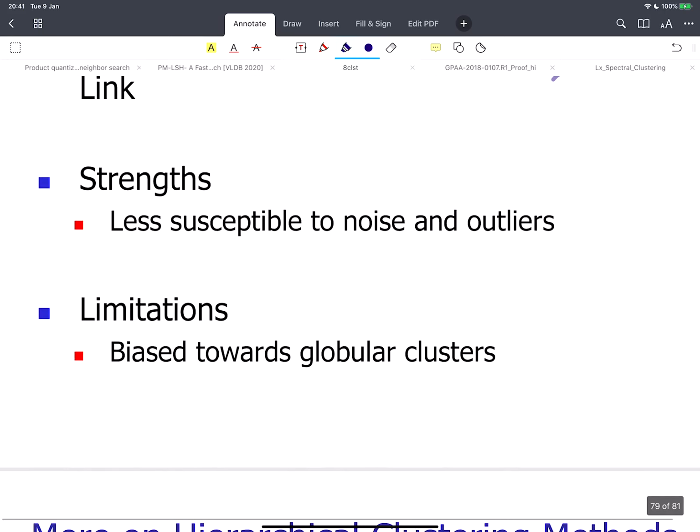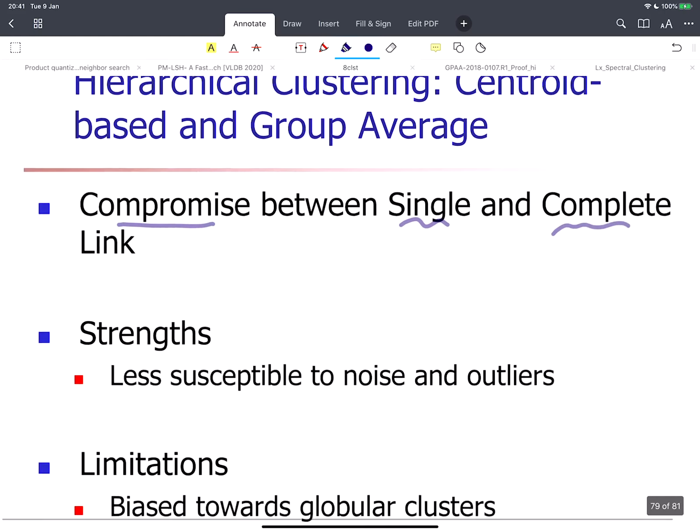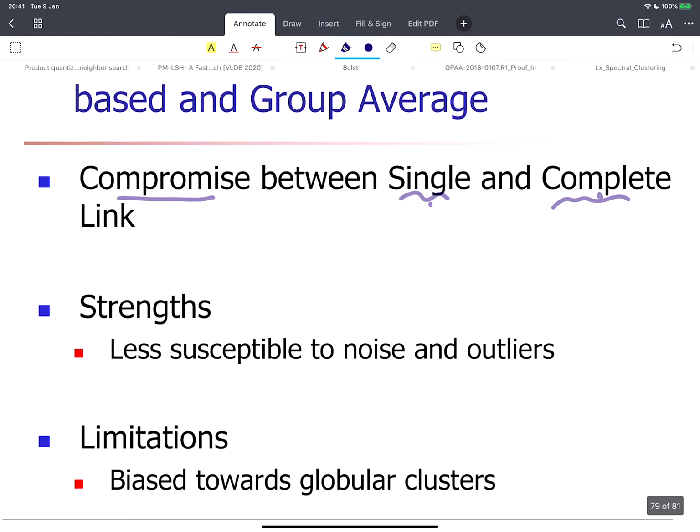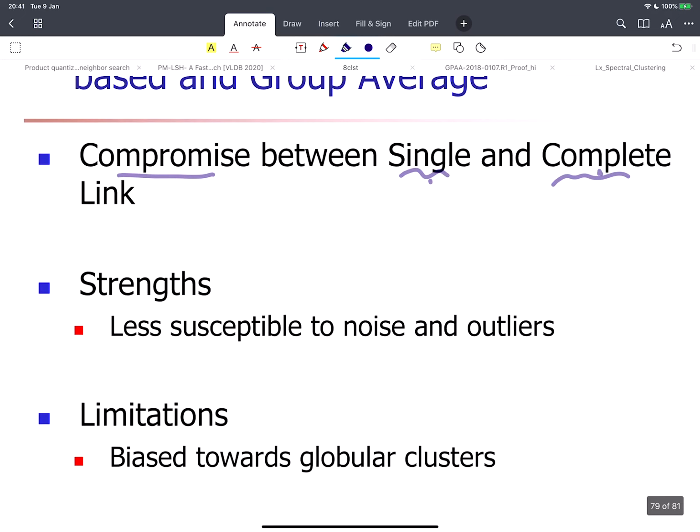It's less susceptible to noise and outliers compared with the complete link, and it's much better than single link. On the other hand, it inherits the weakness from complete link, where it's more biased towards globular clusters.